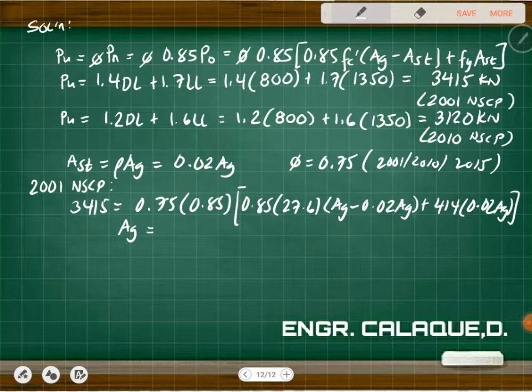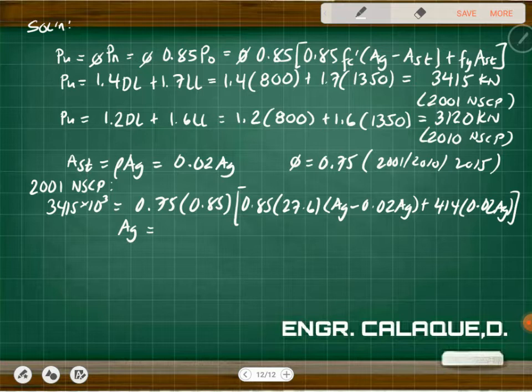Okay, so computing ko muna. Kilonewton. Gusto ko maging Newton na lang to lahat, kasi naka-Newton to lahat eh. So, 3415 times 10 to the power of 3. So, Newton na lahat yan. 3415 times 10 to the power of 3 equal nung 0.75 times 0.85 times 0.85 times 27.6 times Ag minus 0.02 nung Ag.